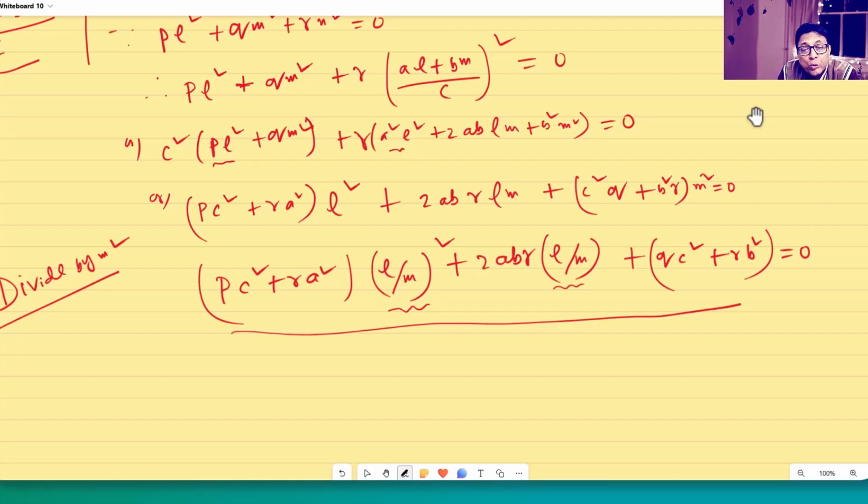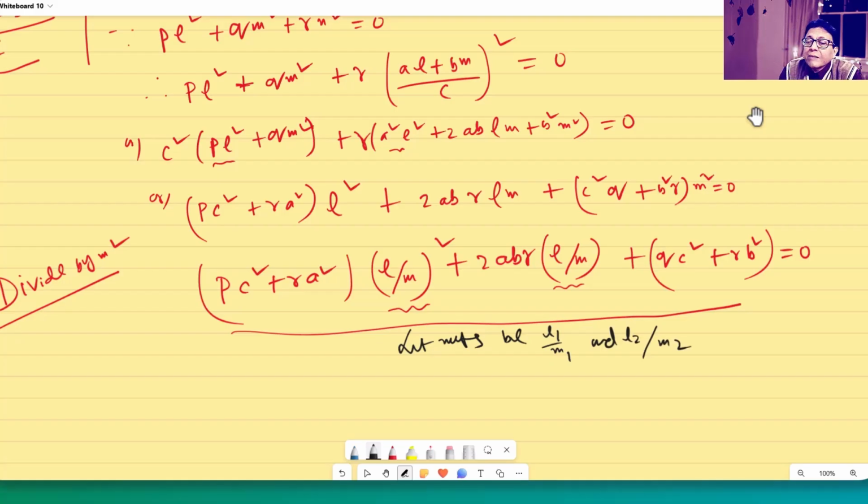Let the roots be L1 by M1 and L2 by M2. Okay? Since it is a quadratic in L by M, we take roots this manner.